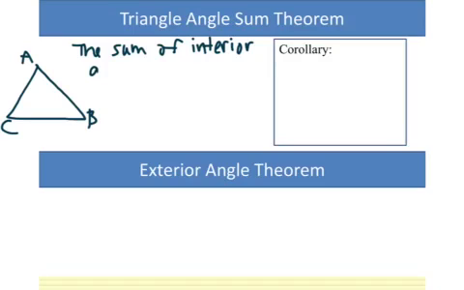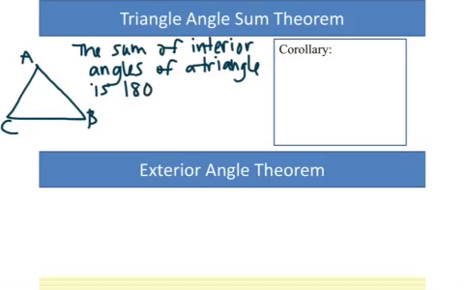So the sum of interior angles of a triangle is 180 degrees.